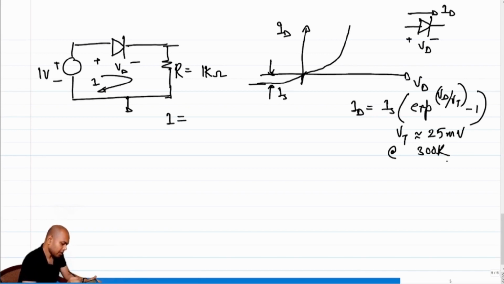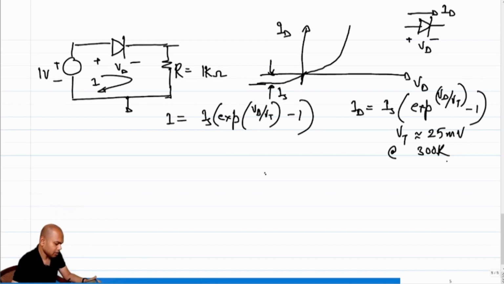We will write the current through the diode, which is I, equal to Is exponential Vd over Vt minus 1. This is equation 1. And what is the other equation?